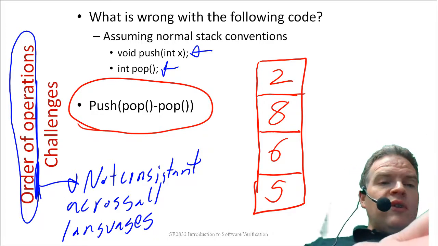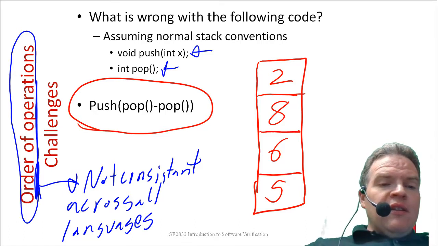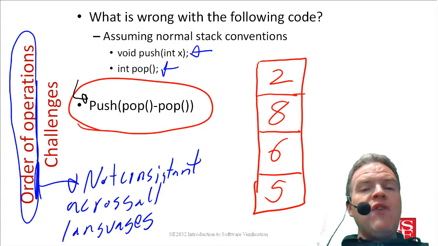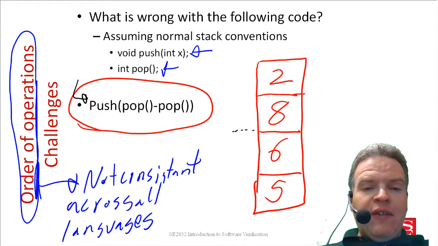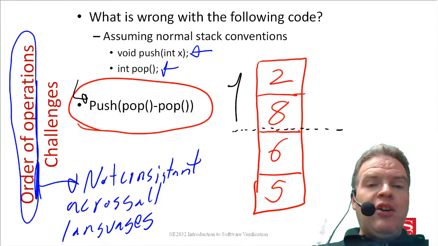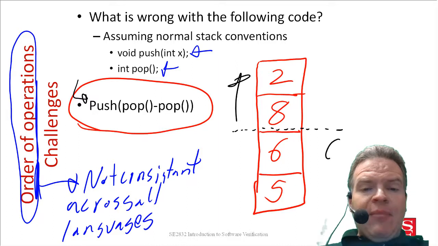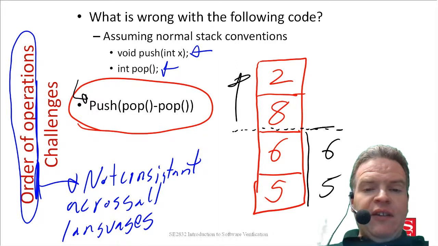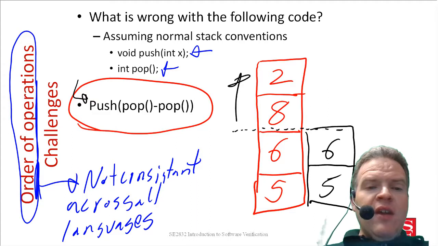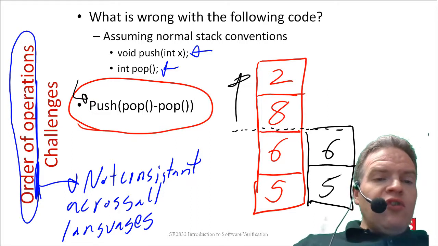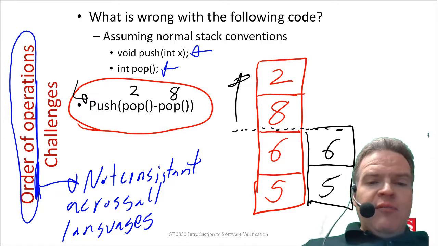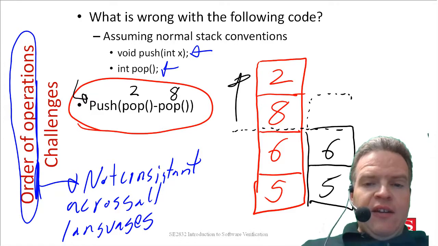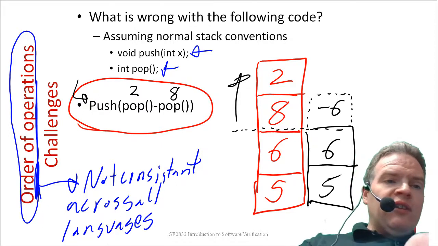And what I'm going to do is I'm going to call this line of code. Now, the first scenario that I have, obviously, we know that the part of the stack that's going to change is this part up here. So in my first scenario, I'm going to still have this 6 and 5 staying unchanged down here. What's going to happen is this first pop is going to get the 2, and the second one is going to get me the 8, which is going to result in me putting onto the stack, right here, -6.